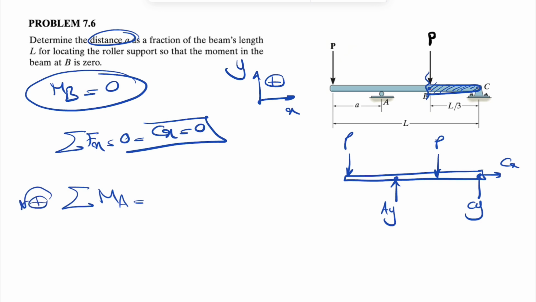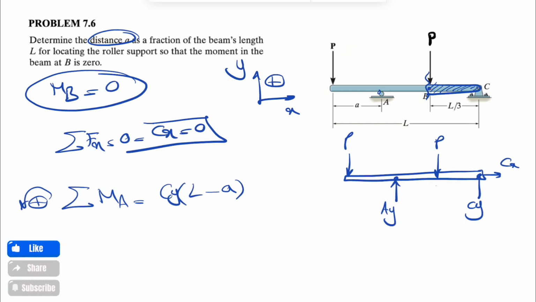We're going to have the moment of CY about A, which is counterclockwise, so positive. And we need the distance from C to A, which is basically L minus A. So we're going to have the moment of this P force. This one's clockwise, so we have a negative moment, minus P times the distance to here.